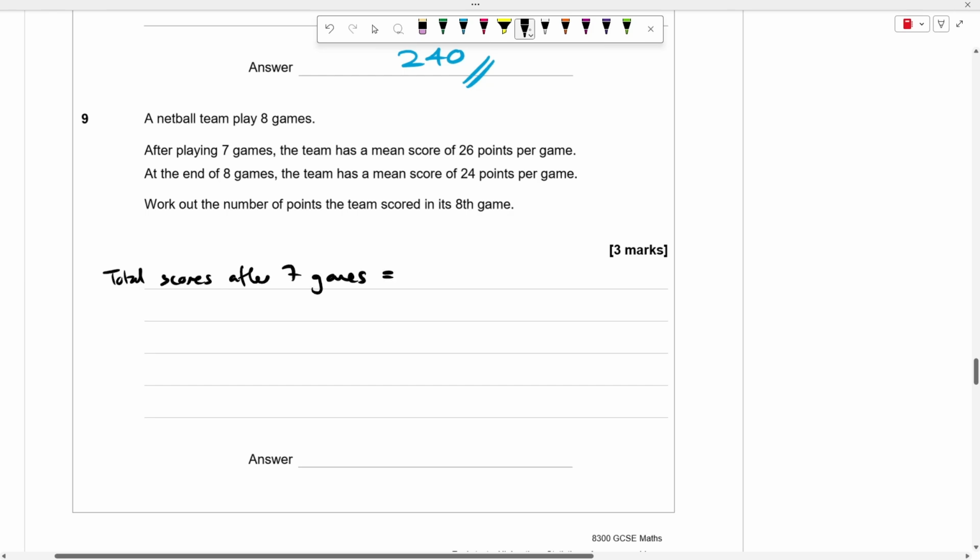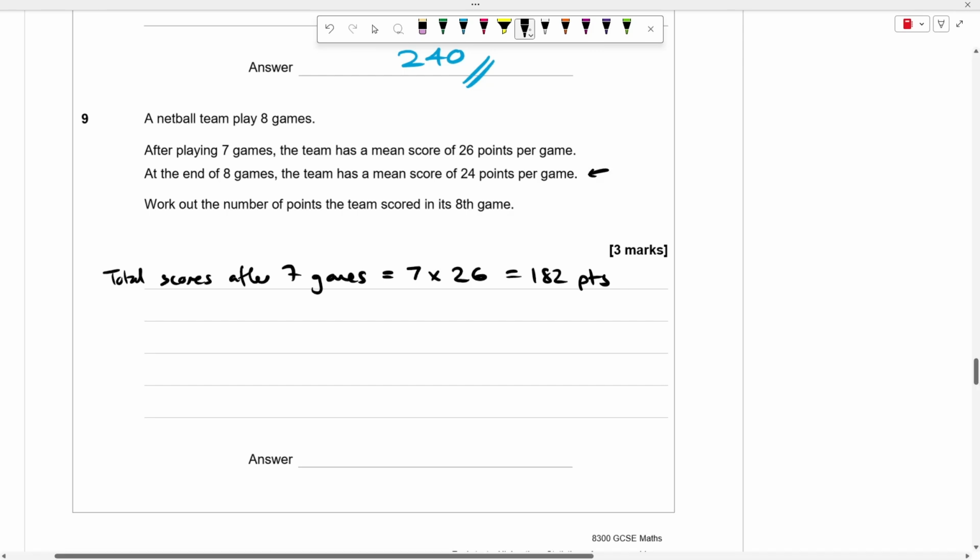To do that, I multiply the number by the mean. So 7 times 26 gives me 182 points. Then the mean score is 24 points after 8 games.